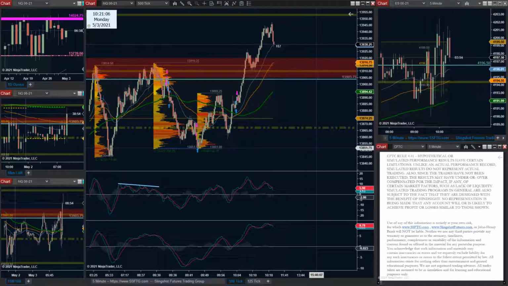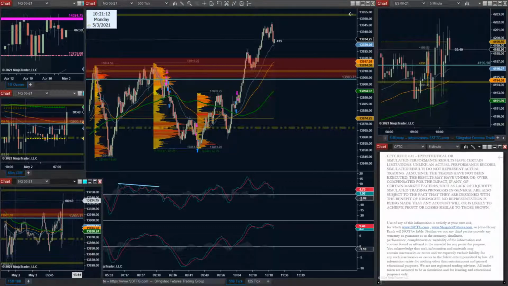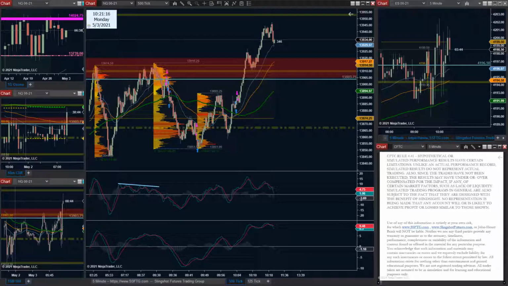Big flush to the downside. They still have 9 minutes left on this 15-minute bar. This happened a little sooner than I wanted it to. I gotta prop this thing up. I'm kind of curious, where's the POC on this most recent move?